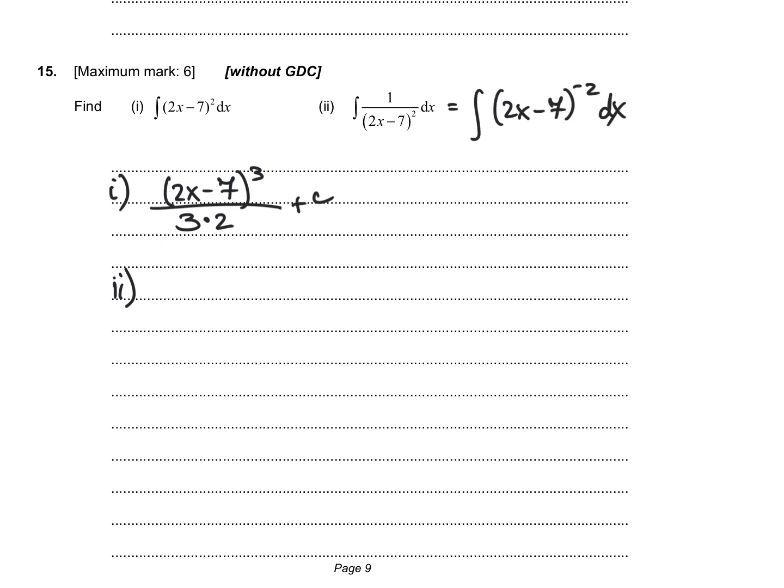Now this one's okay to add 1. So you're going to have 2x minus 7 to the negative 1, divided by that thing as well as the derivative of the inside function, plus c. If we rewrote this, it is 1 over negative 2 times 2x minus 7 plus c.